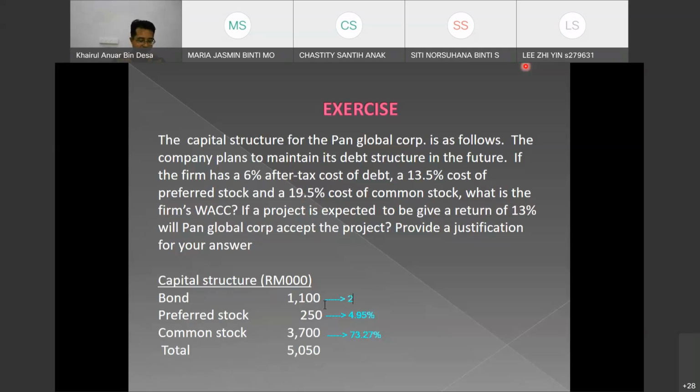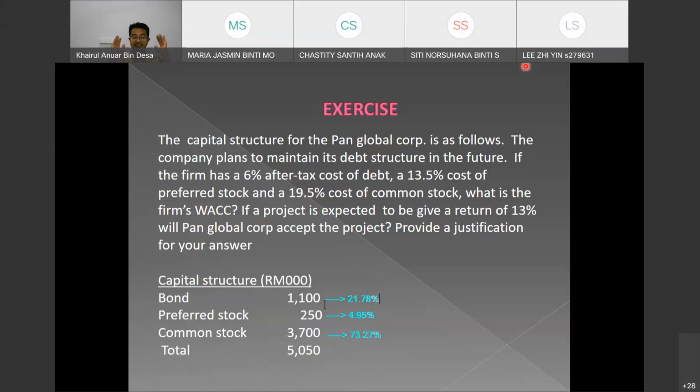Total kan 5050. Dia dalam bentuk macam pie chart yang saya tunjuk tadi. So, jadinya 1100 bagi dengan total, iaitu 5050 kali dengan 100%. Okay, yang lain semua dapat? Thank you, Maria.